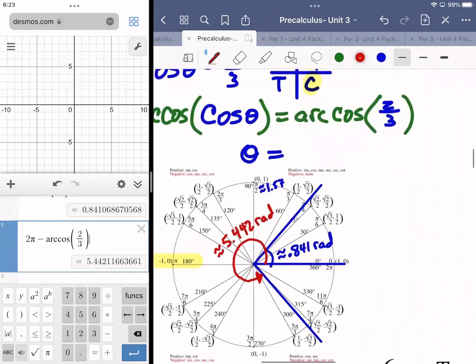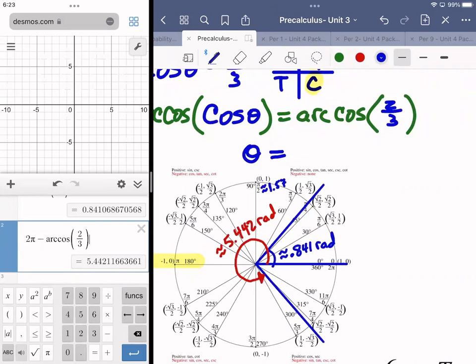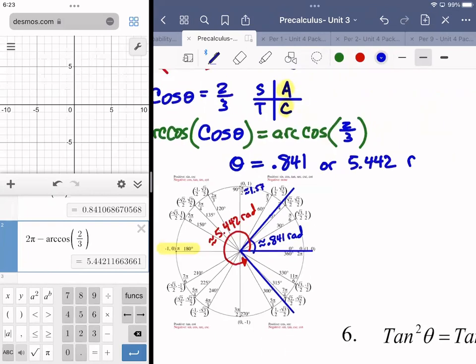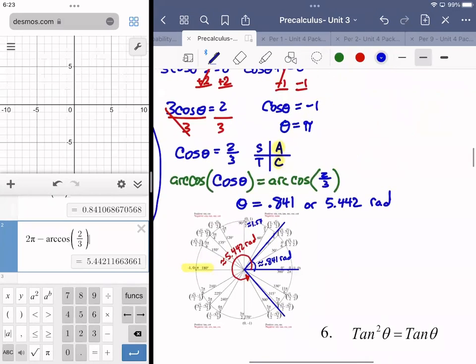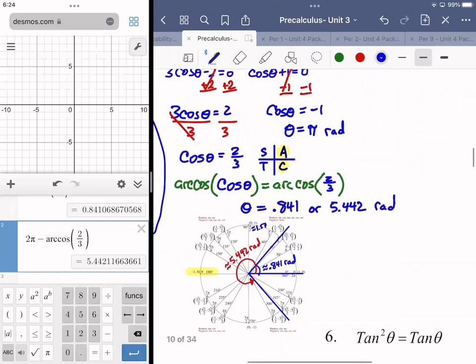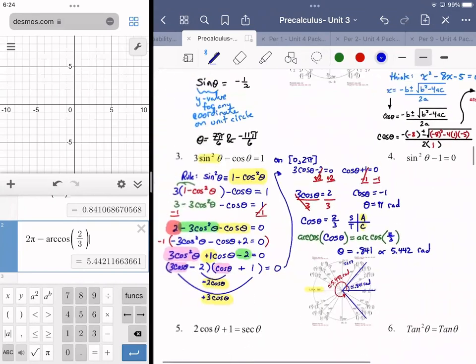Those would be my two solutions for the more challenging part of the problem, which is cosine of theta equals 2/3. So about 0.841 or 5.442 radians. So pi radians, 0.841 radians, 5.442 radians, all solutions to this problem. And that's a lot.